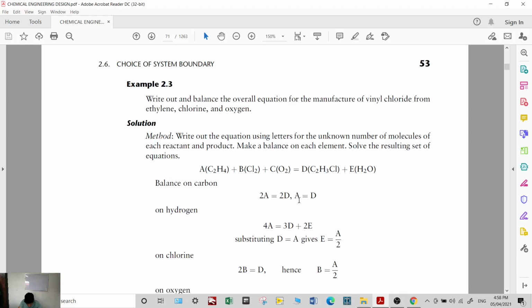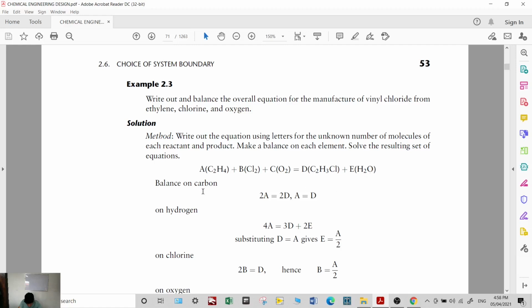Again, you can do trial and error, but if you don't want to do trial and error, you can use this. You let A be the number of moles of your reactant ethylene, B for chlorine, C for oxygen, D for the vinyl chloride, and E for the water.